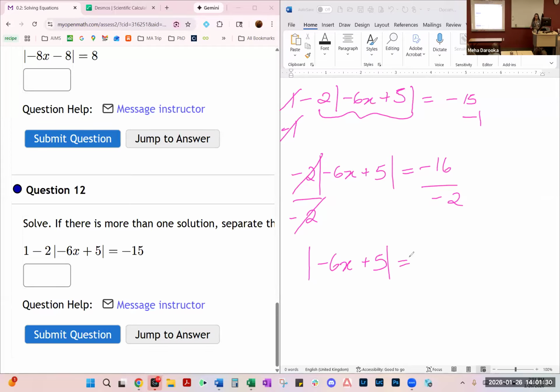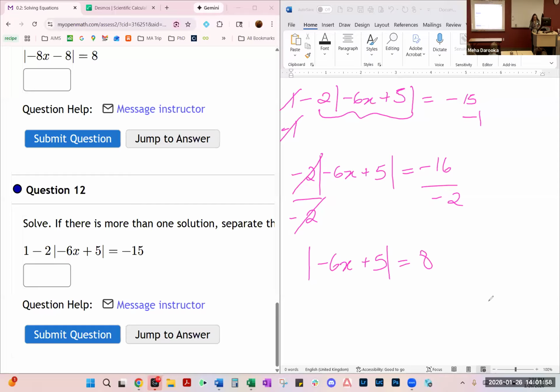We wanted to isolate the absolute value symbol. On the right-hand side, because we have two negative signs, they cancel each other out and become a positive, and 16 divided by 2 is going to be 8. So you did end up with a positive number on the right-hand side. That tells us we can solve this equation. Okay so far? Yeah? Wonderful.